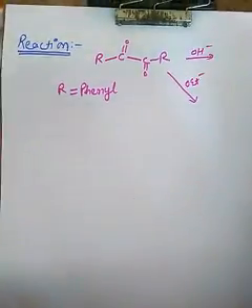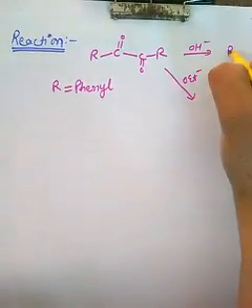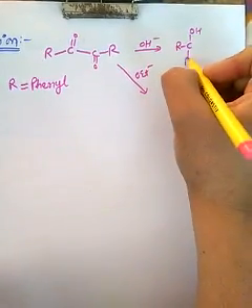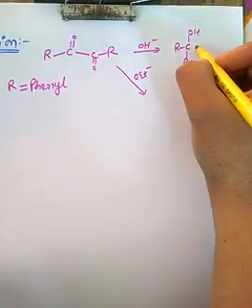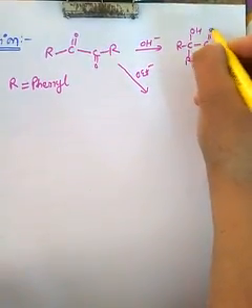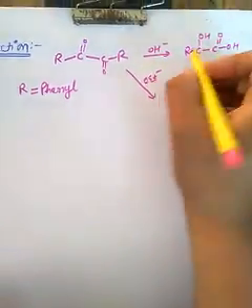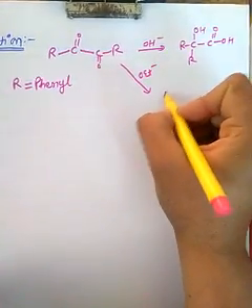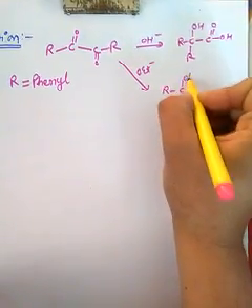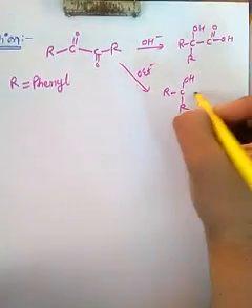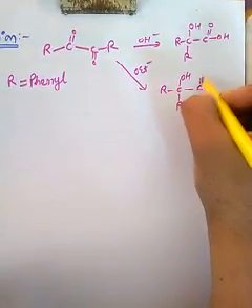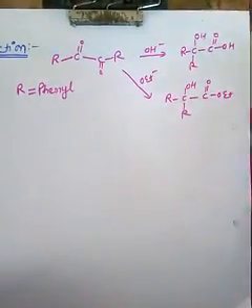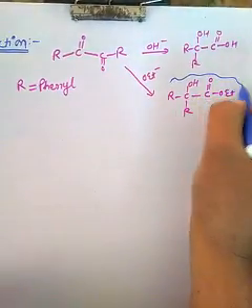In the presence of sodium hydroxide, it will form alpha hydroxy carboxylic acid, or in the presence of sodium ethoxide, it will form alpha hydroxy ester.